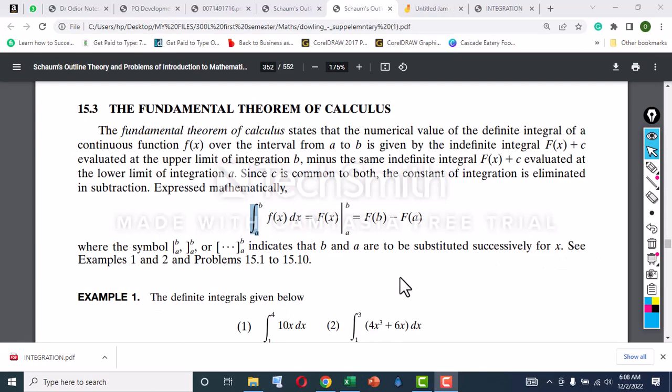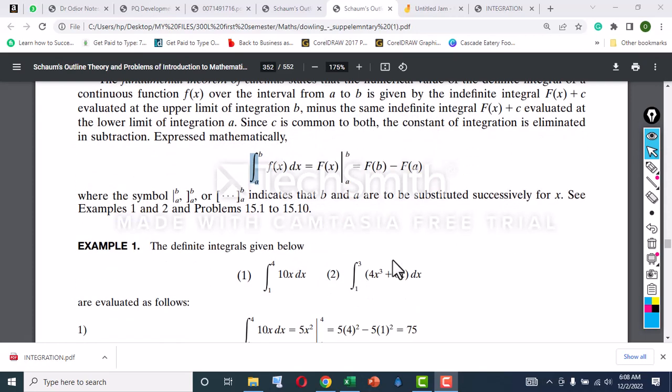So you should be happy if you see a question like this. It's simple. So how do we do definite integral? For example, we are given a definite integral like this. We are given the integral with 4 as the upper limit, 1 as the lower limit, 10x dx.